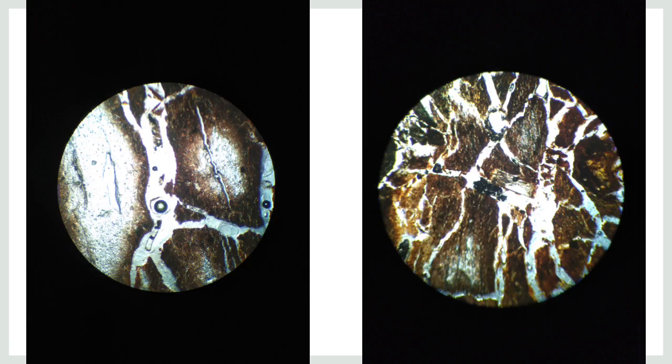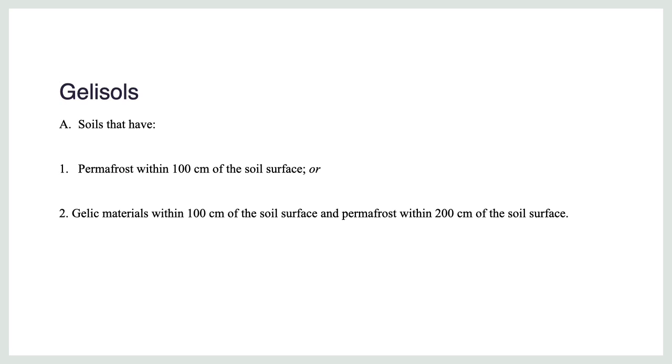So again, just to be sure that everyone understood, Gelisols should present permafrost in the first 100 centimeters below the soil surface, or gelic materials plus permafrost, and they should fit these specific depths, okay?